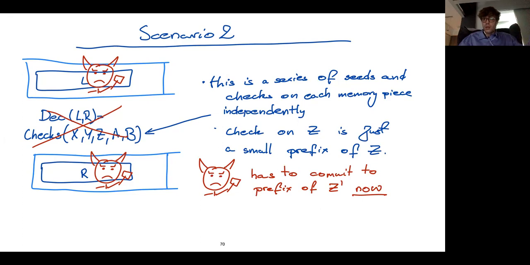That follows from the properties of look-ahead tampering. So he does not see X and Y, and he has to commit to the prefix of Z right now.